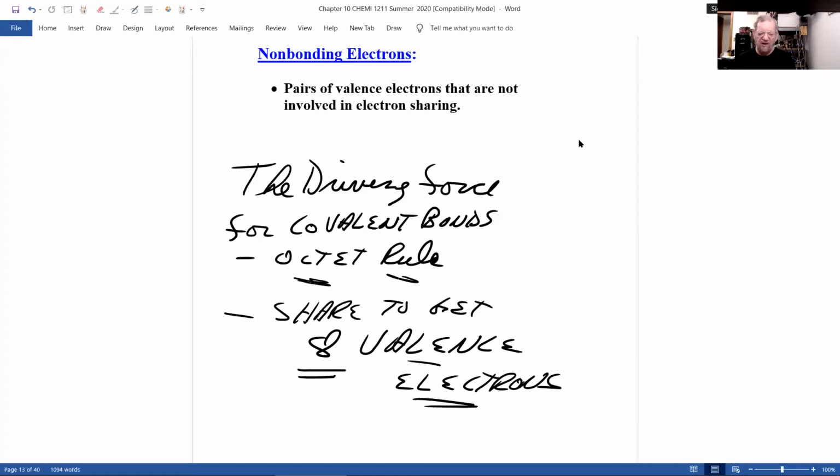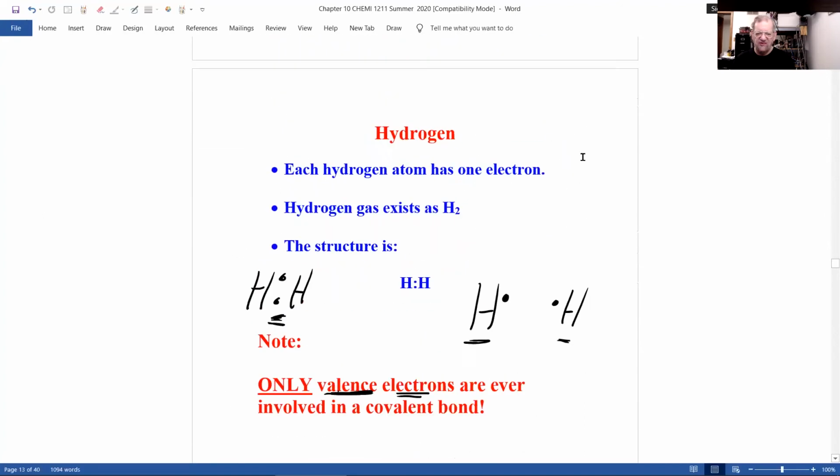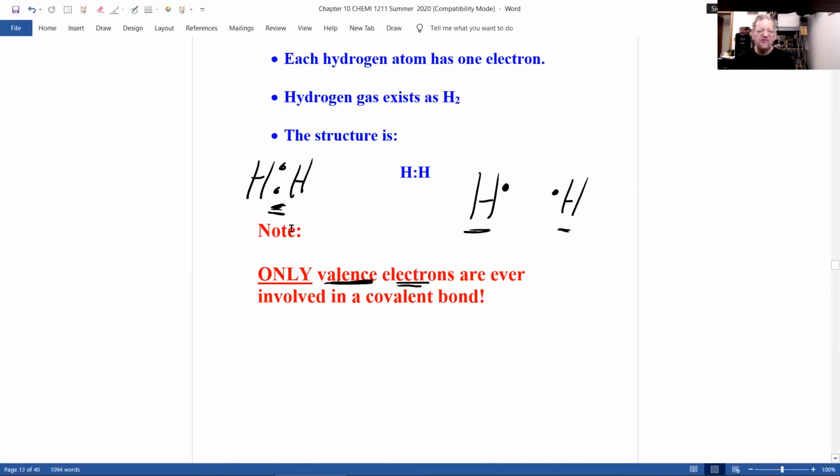Now there's one exception to the octet rule, where the atom or element doesn't get 8 valence electrons, and that's hydrogen gas, as you saw up here. Its octet is really 2. Now, if I were to look at this pair of electrons and say, well, this hydrogen has those pair, it's got 2.